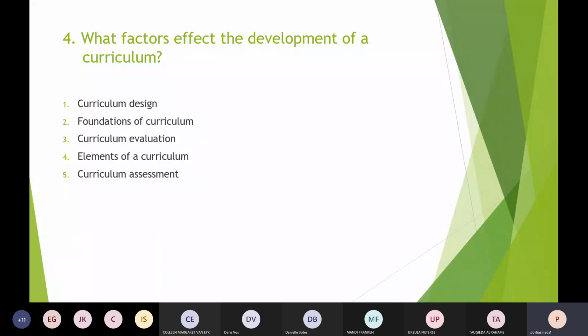Let's move on. What factors affect the development of the curriculum? Do you think it's curriculum design, the foundations of the curriculum, evaluation, elements of a curriculum, or the curriculum assessment?